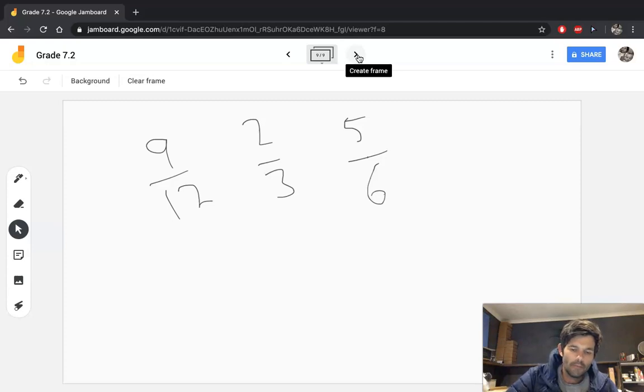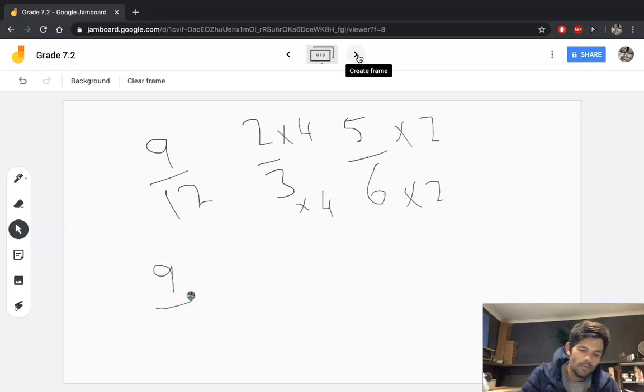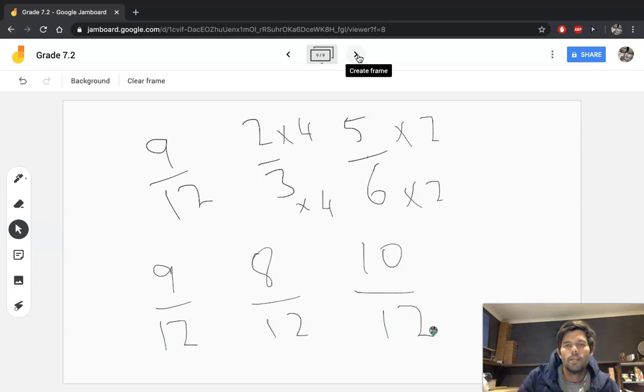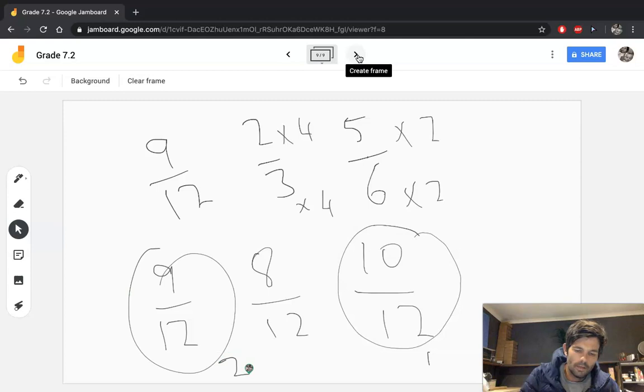I'll multiply that by 4 to get to 12, and that by 4, because I must do the same to the numerator and the denominator of the same fraction. And I'll multiply that by 2 and that by 2. So 9 over 12, 8 over 12, and 10 over 12. Now you can see that 10 over 12 will be the biggest, then 9 over 12, and 8 over 12 will come in third.